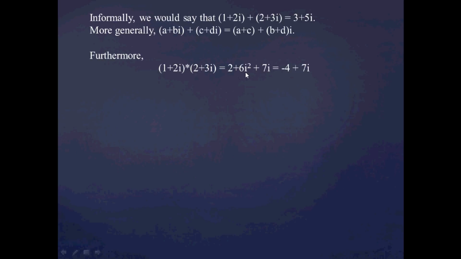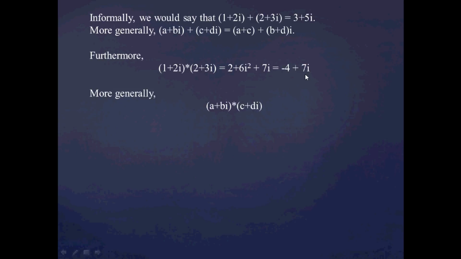And since i squared serves as that algebraic placeholder, I replace i squared with -1. So I get 2 - 6, that gives me -4 for the real part. And going back here, I have two terms that will give me an imaginary part. I have 1 times 3i, or 3i, and I have 2i times 2. So when I sum those two, I just get 7i. So the result of this computation is -4 + 7i.